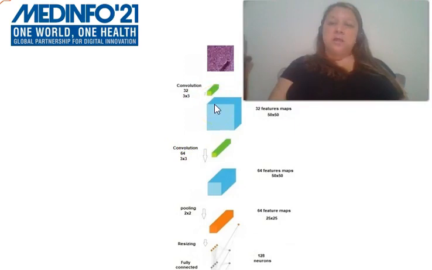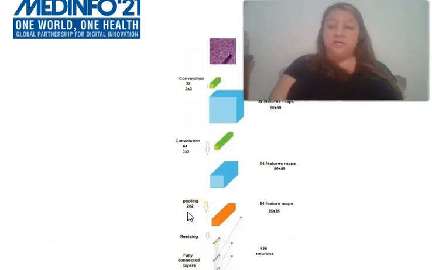The 2D convolutional layer processes the input images with 32 output channels. The second convolutional layer has 64 output channels.